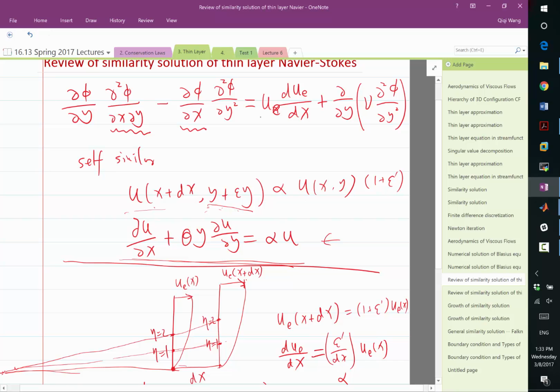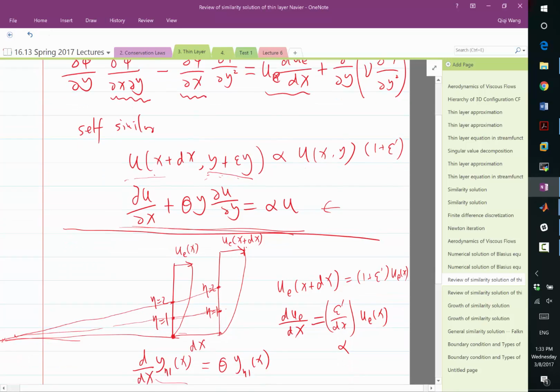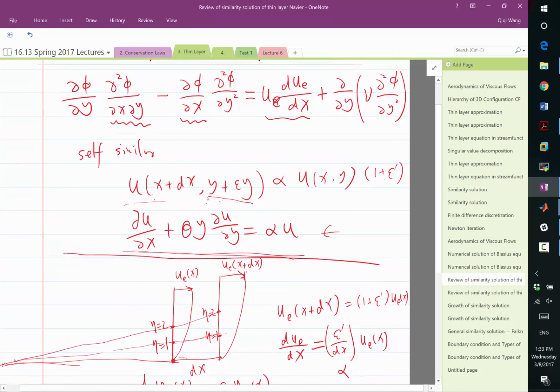We can also use the same relationship here to replace this with alpha times ue squared. So now every variable that depends on x is gone, and we ended up with a differential equation that only depends on y.